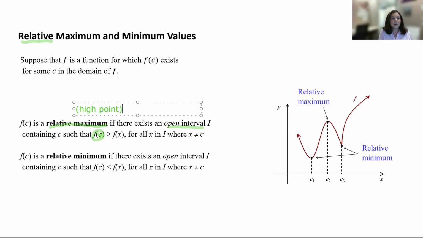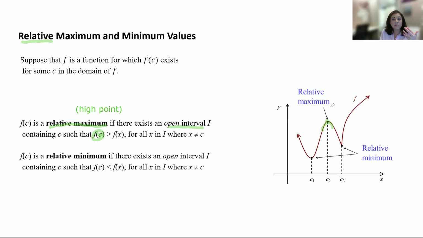If we look over at this example, we see that here we have a relative maximum because in relation to the points that are immediately to the left and right of it, it is the highest point in that little interval. We're not even specifying the interval. We're just saying that compared to the points in its immediate vicinity, it is the highest point. So that's the relative maximum.